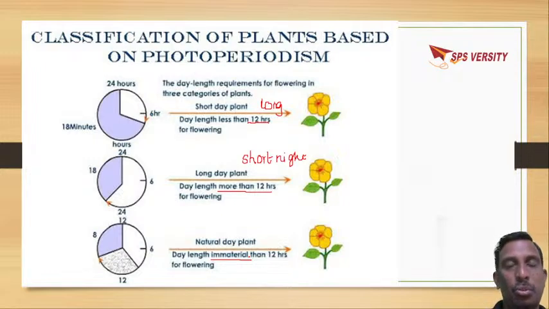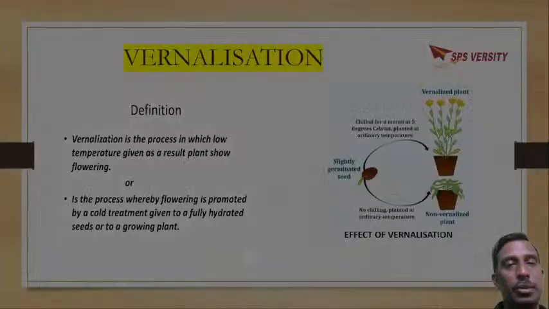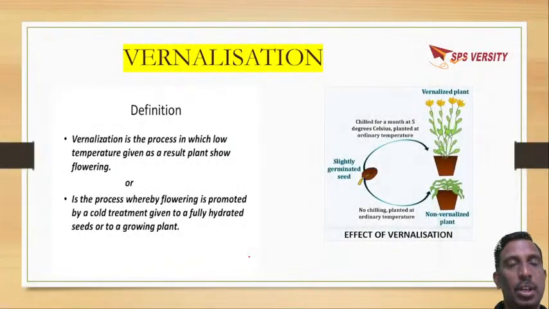ऐसे में based on the photoperiodism, if you take the classification, short day plants, long day plants, day neutral plants. Short day are also called long night. Long day plants are also called short night.